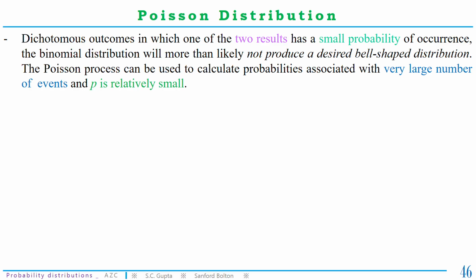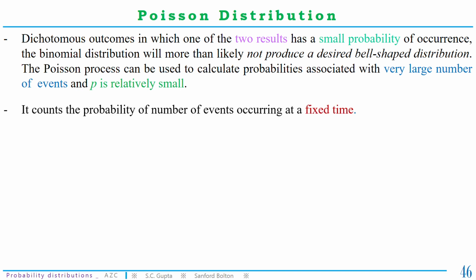It applies to dichotomous outcomes in which one of the two results has a small probability of occurrence. The binomial distribution will more than likely not produce a desired bell-shaped distribution. The Poisson process can be used to calculate probabilities associated with a very large number of events, when P is relatively small.